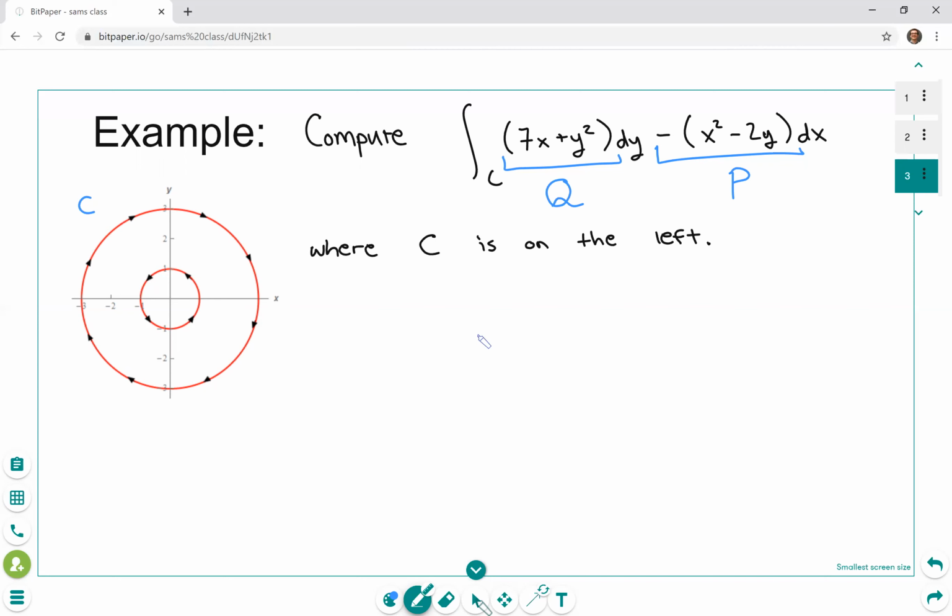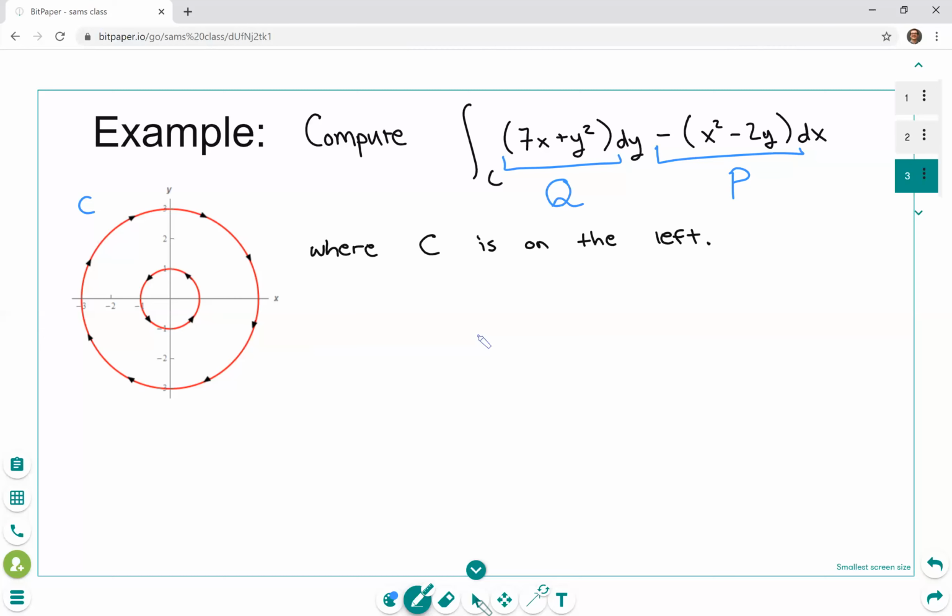Okay, so now before I talk about anything else, why don't you pause the video here and decide whether this curve C is positively oriented or negatively oriented. Okay, now that you've unpaused, first you probably want to just identify what region D we're looking at.